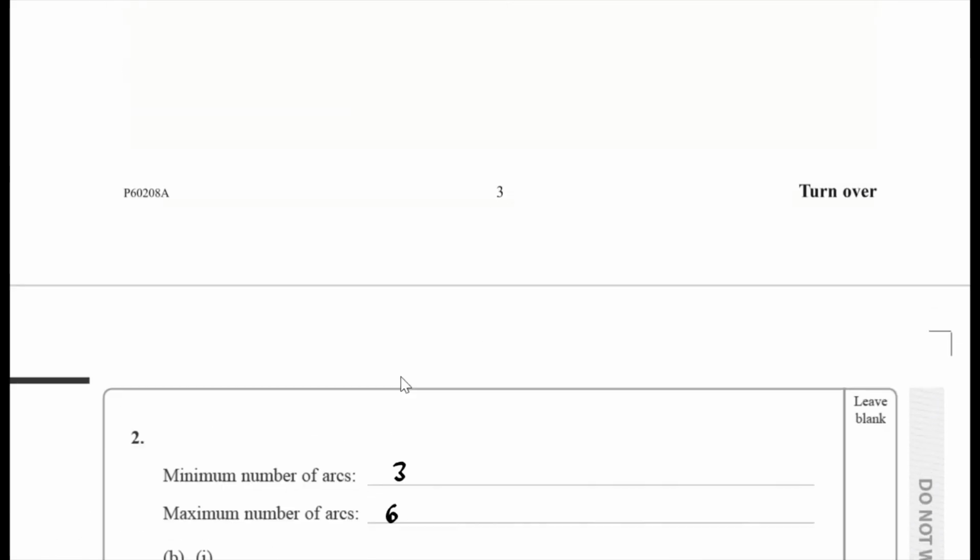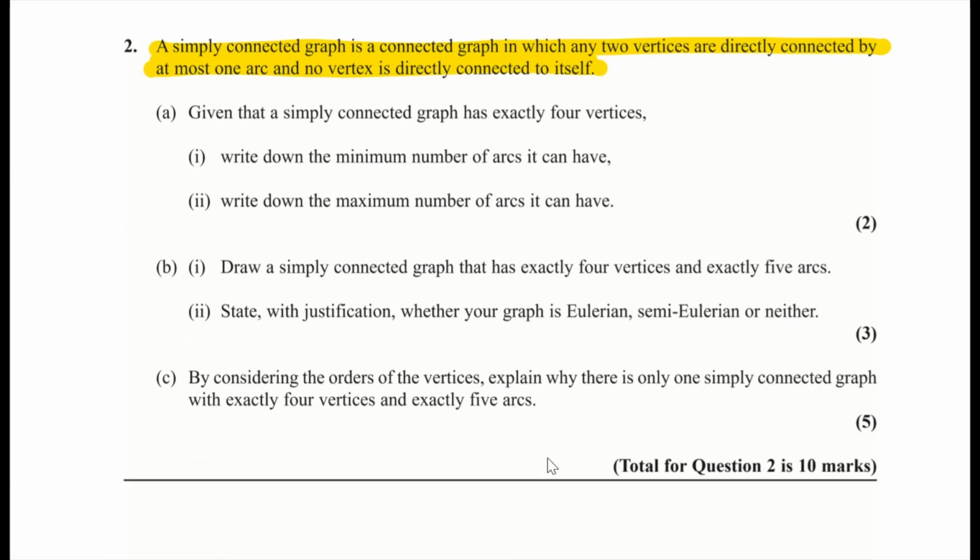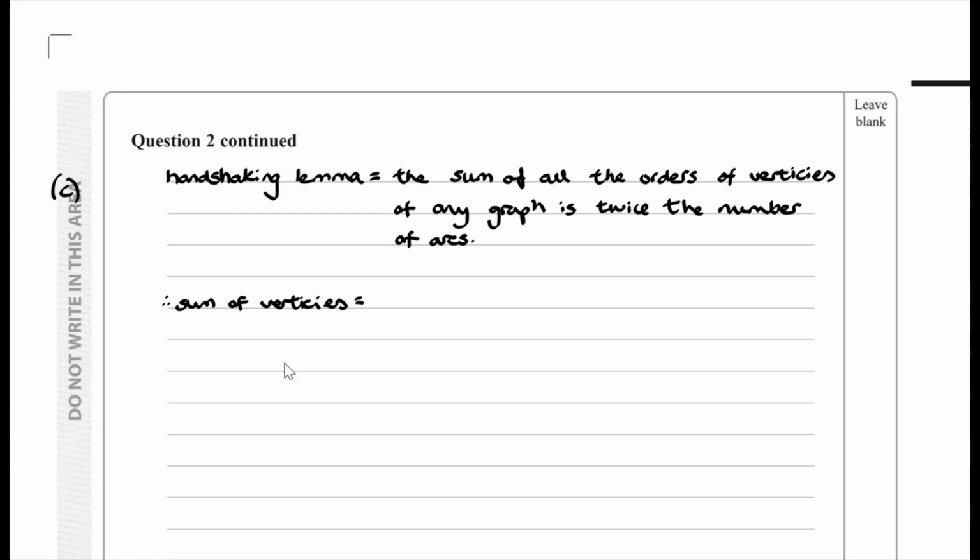Now if you go back to the question, we were told that we have exactly 5 arcs and we have 4 vertices. So therefore the sum of the orders of the vertices is 2 times 5, where of course 5 is the number of arcs. So we want the sum of the orders of all the vertices to be 10.